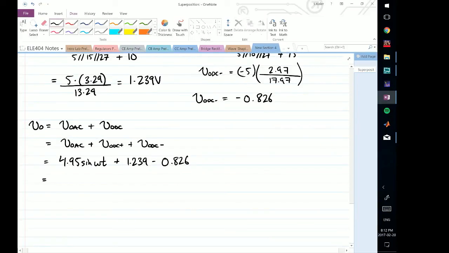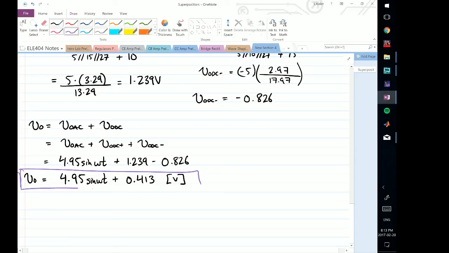Now if I take the sum of this, I will get 4.95 sine omega t plus 1.239 minus 0.826 gives 0.413, and the final answer is obviously in volts. So here you have your final answer for the superposition of two DC sources as well as one AC source. And of course, as we expect, the output voltage is therefore an AC plus DC voltage.